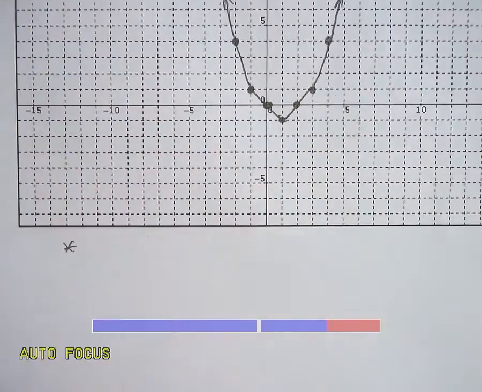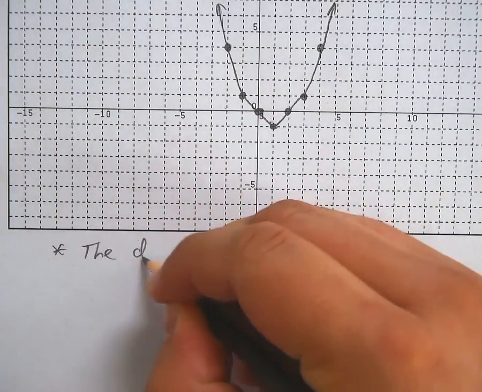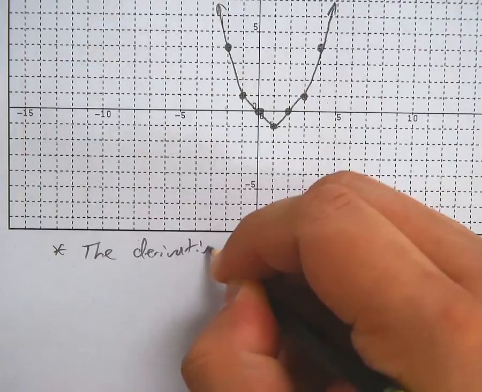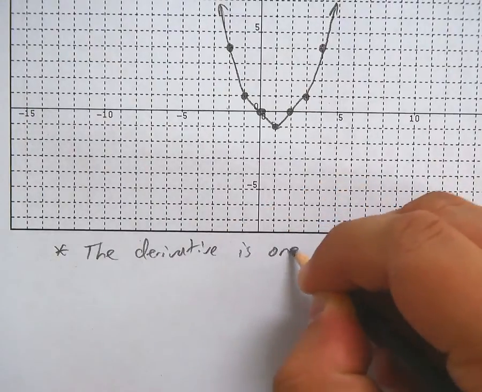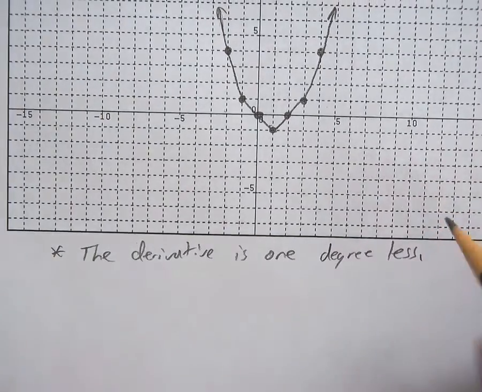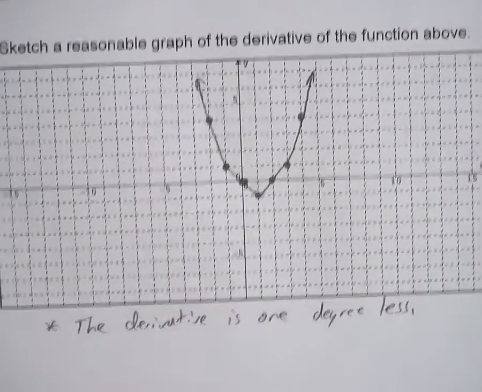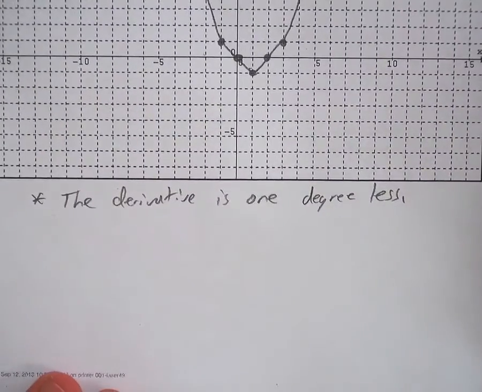So a couple of things to notice here. The derivative is 1 degree less. It goes from an x cubed up top, x times x times x, to an x squared in the bottom. So the derivative is 1 degree less.